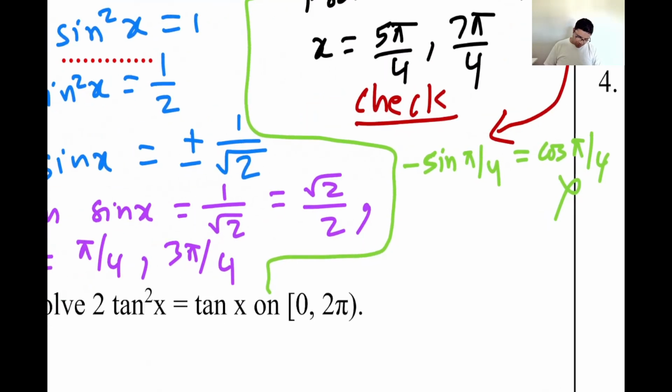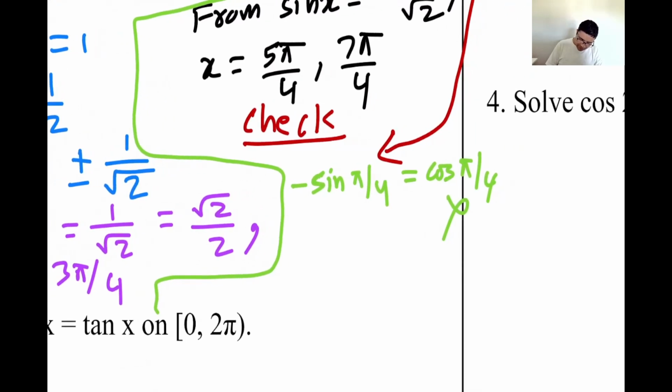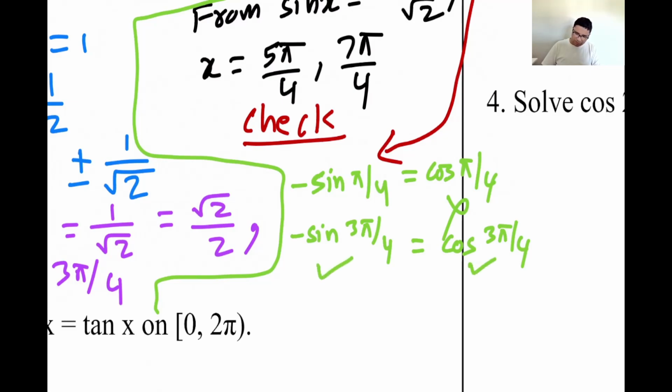Whereas if you go to 3 pi over 4, minus sine 3 pi over 4 equals cos 3 pi over 4. That is true. Why? Because sine is positive in the second quadrant, cosine is negative. So minus sine will be negative, right? This will be minus 1 over root 2, and that is also minus 1 over root 2.